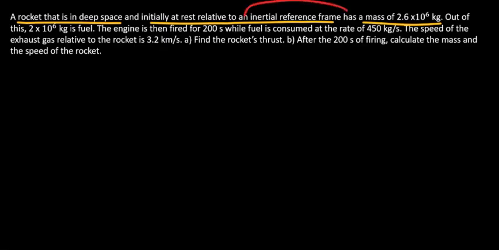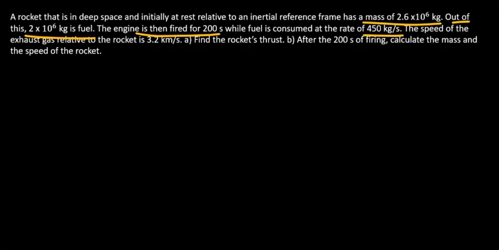So you can take this initial frame to be us, the observer, and we are not moving. Out of this, 2 times 10 to the power 6 kg is fuel. The engine is then fired for 200 seconds while fuel is consumed at the rate of 450 kg per second. The speed of the exhaust gas relative to the rocket is 3.2 kilometers per second.